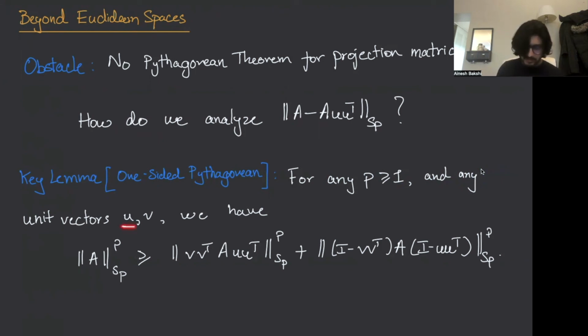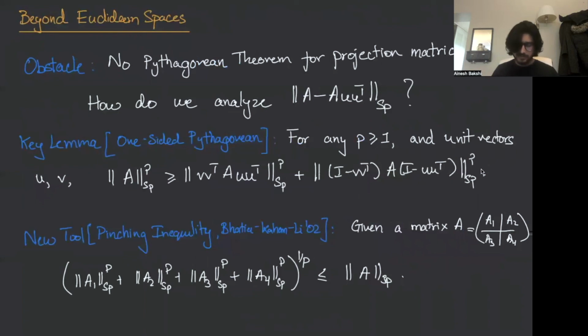For any unit vectors u and v, we have that the Schatten p norm of A to the p is at least the Schatten p norm to the p of V V transpose, so this is the projection onto V, times the projection onto U, plus the projection away from V and the projection away from U applied to A. What we've managed to show is that this asymmetric guarantee suffices for our purposes, and we can derive the results that we need using just this bound. Of course, we show a more general version of this statement, where U and V need not be rank 1 or just a simple unit vector, but rank k projection matrices.